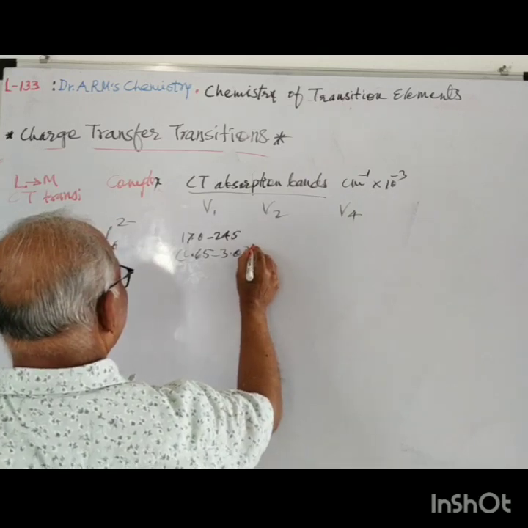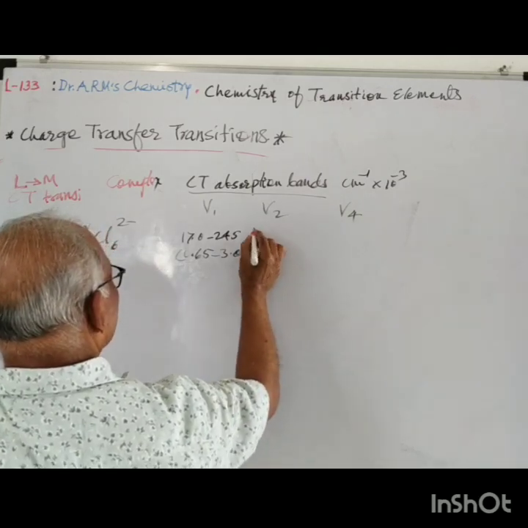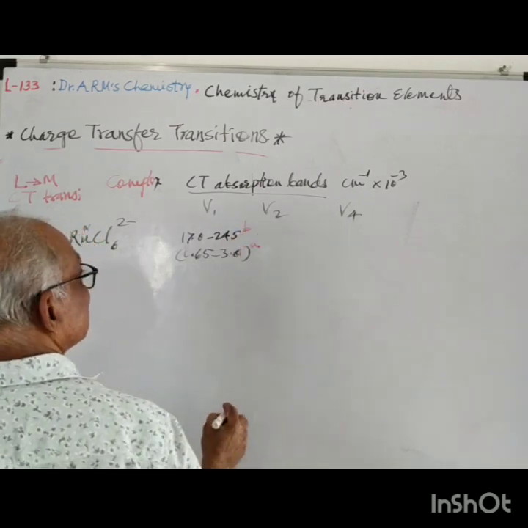So these values are having the molar extinction coefficients. So these are A and these are B values.